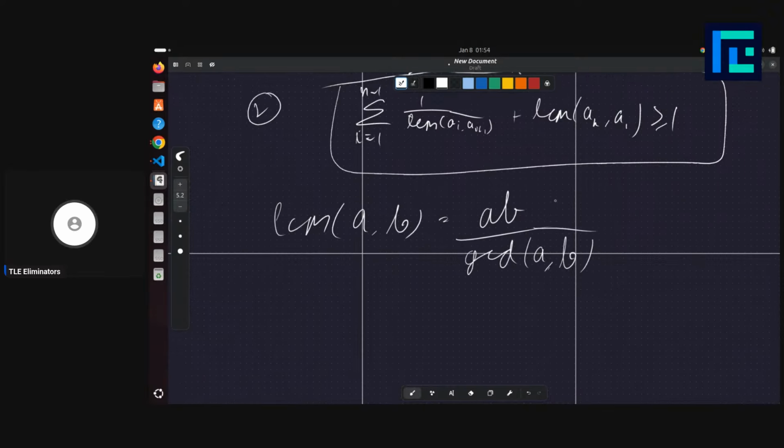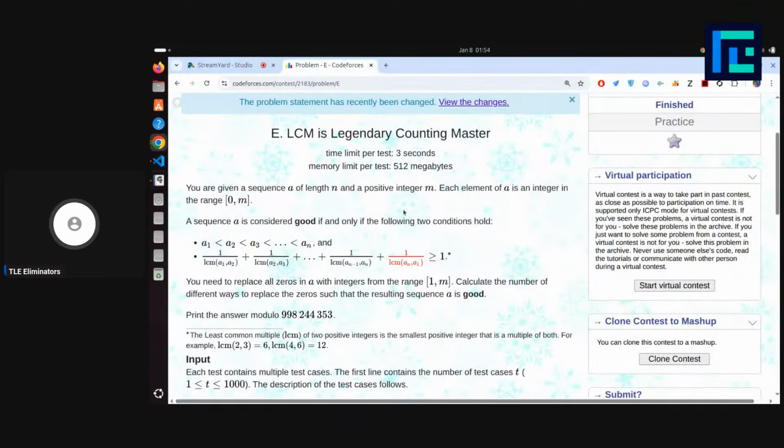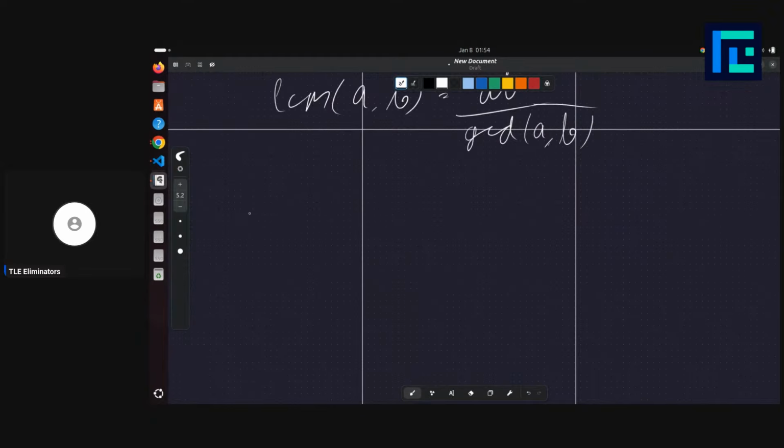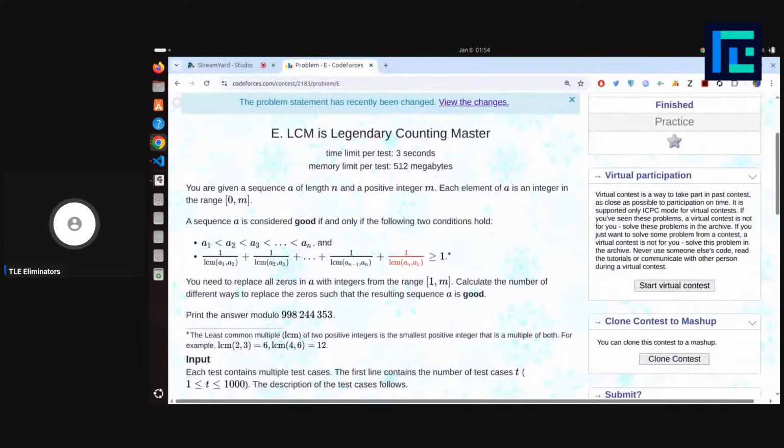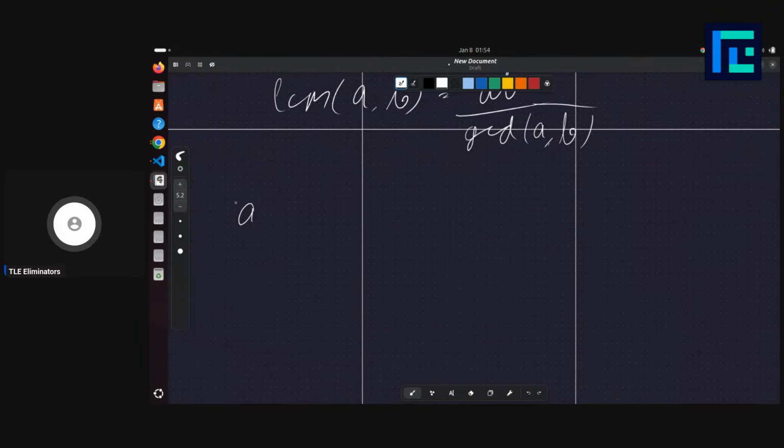So I can write this expression like, 1 upon LCM of A1 A2 is GCD of A1 comma A2 upon A1 A2. And similarly, I can write the other terms as well.